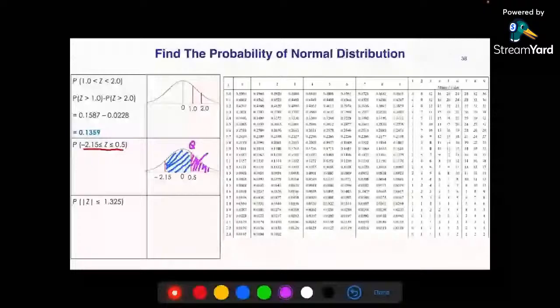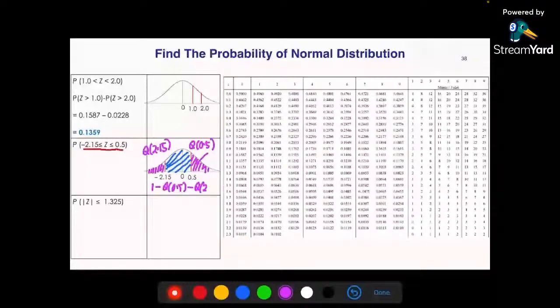So maksudnya kita tahu the total area will be 1. So maksudnya nanti kita akan buat 1 minus Q0.5 and then minus Q2.15 macam itu. So yang Q0.5 dengan 2.15 tu kita kena tengok dekat table. So you're going to get this. Okay, sama juga yang itu, satu tolak.